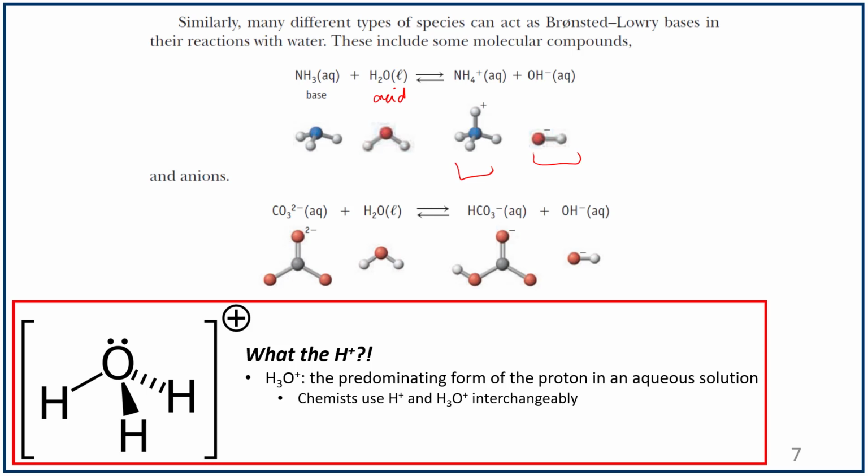Then you have anions. For example, the carbonate anion can also accept a proton from water, again acting as an acid, to form the bicarbonate ion, which is shown here with this proton.